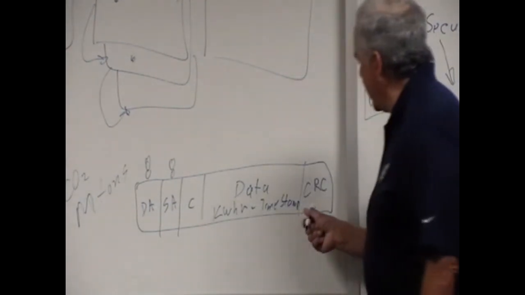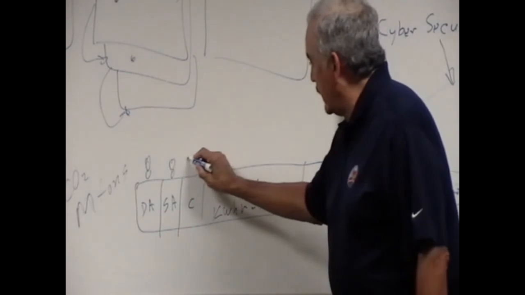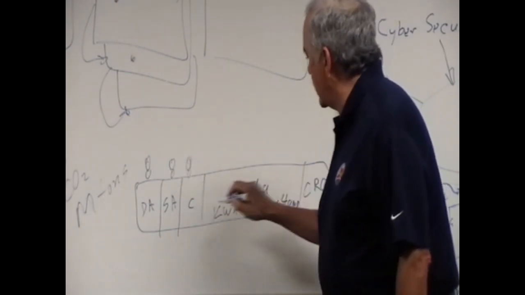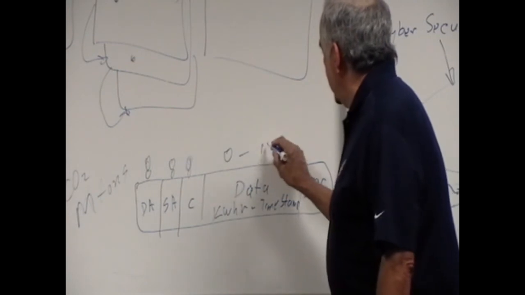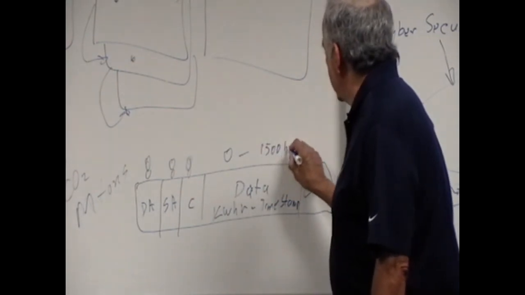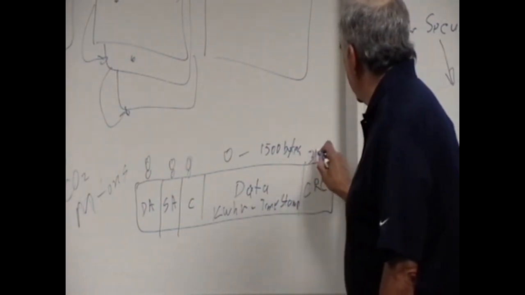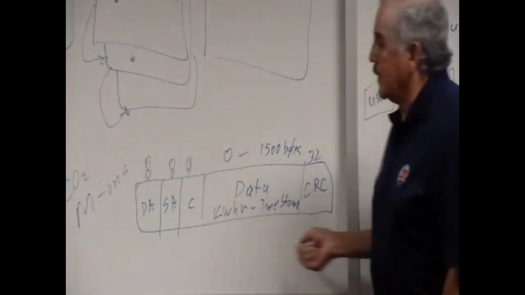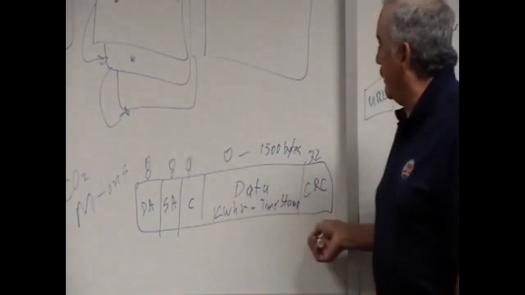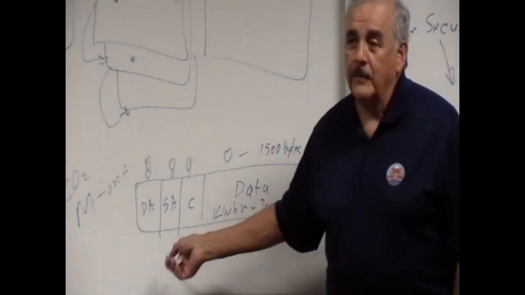And then the cyclic redundancy check, the CRC. This is usually 8 bits. This can be anywhere from 0 to 1,500 bytes. And this is usually a 32-bit field. By the way, this is a typical MAC, what's called a physical layer frame for an Ethernet.